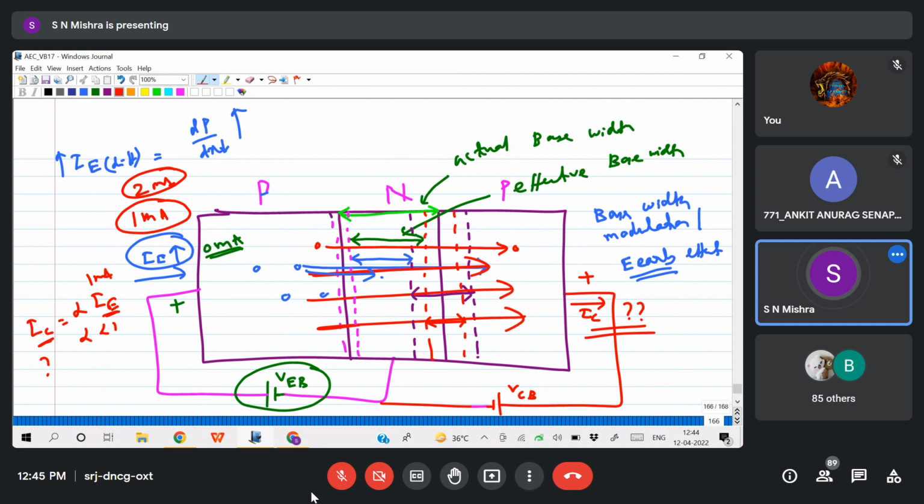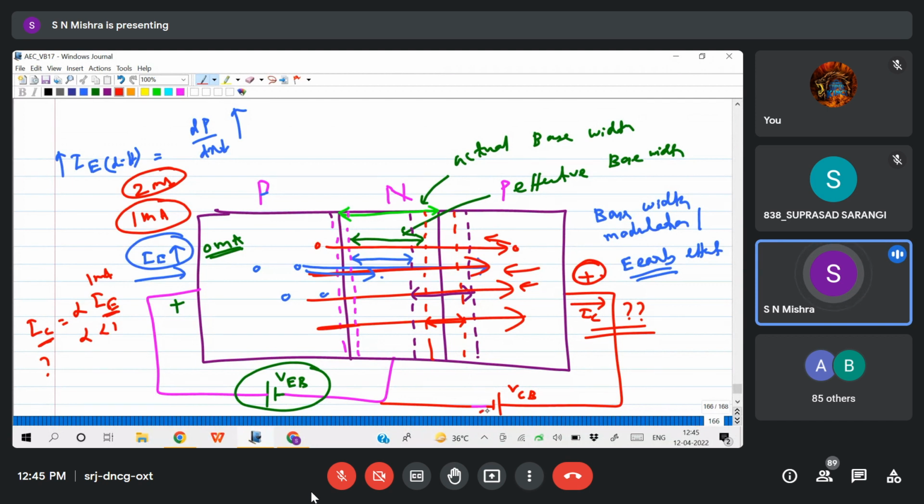When I had taken negative potential at the collector, they were attracting holes. Now I am giving positive potential towards the collector. So what will happen? The holes will be attracted by the collector or they will repel back? Repel back. So this positive potential will repel these holes towards the opposite side.